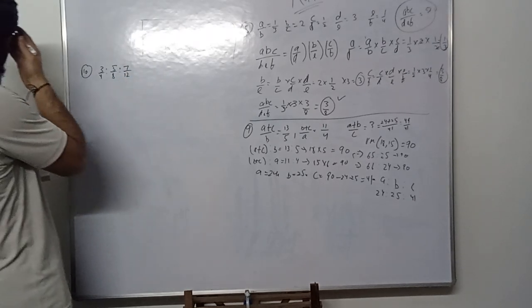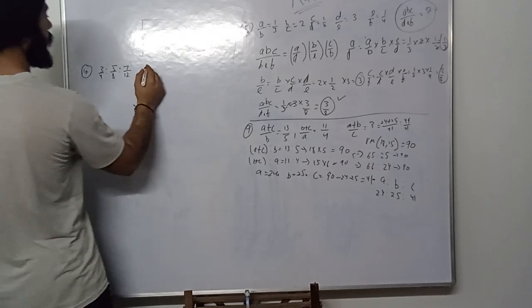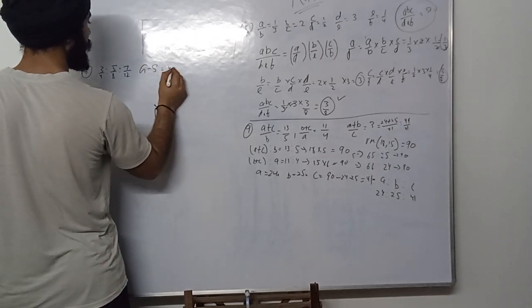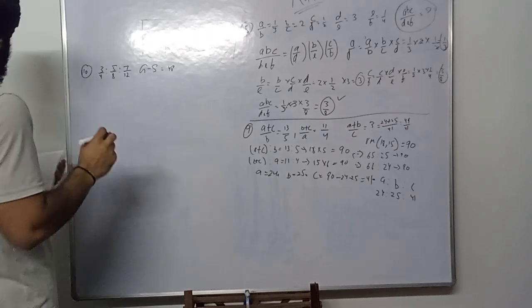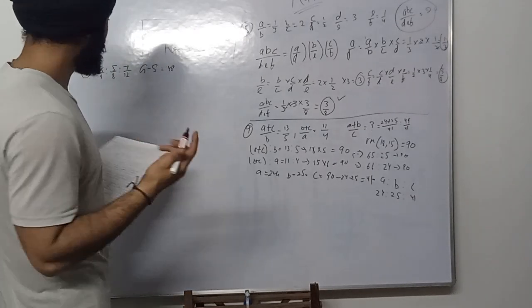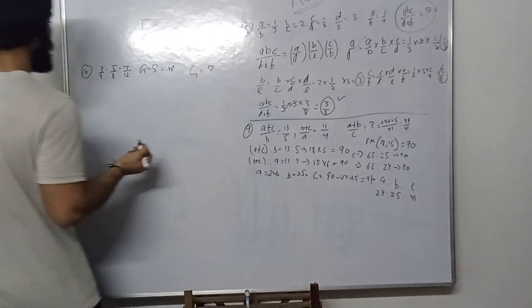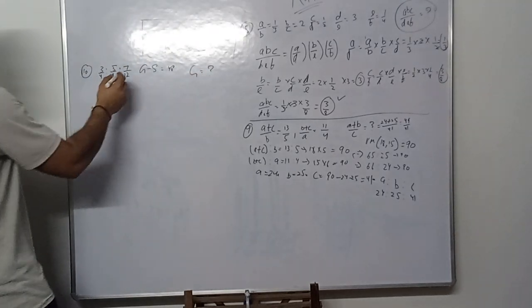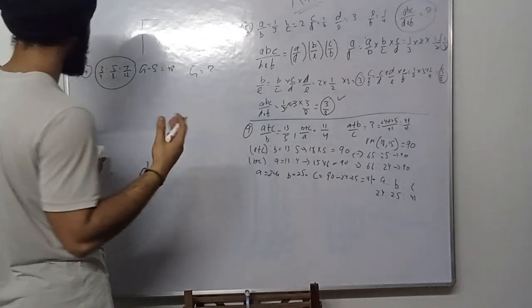If the difference between the greatest and the smallest number is 48, greatest minus smallest is equal to 48. We don't know which one is the greatest and which one is the smallest. And then the value of the greatest number will be, so now we need to find the value. To check which one is greater, we need to calculate it.